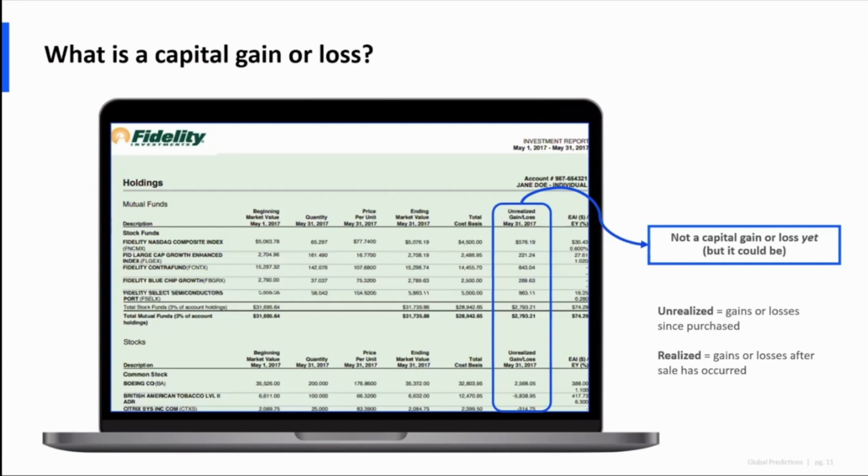The reason is that capital gains happen when you realize a gain or a loss. We'll talk a little bit in the next slide about what that means. But basically, if I take this Fidelity statement and find my Boeing stock here, I only have to pay the capital gains tax if I sell that security, either in part or in whole.